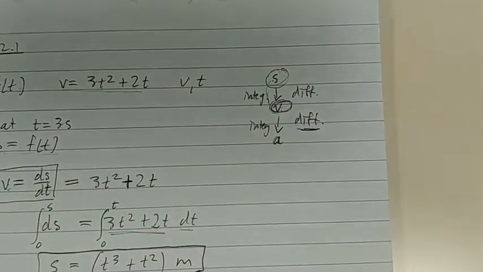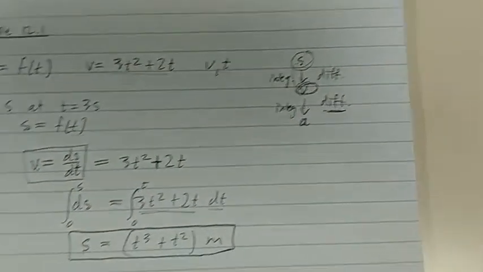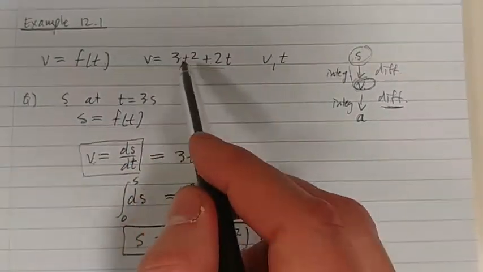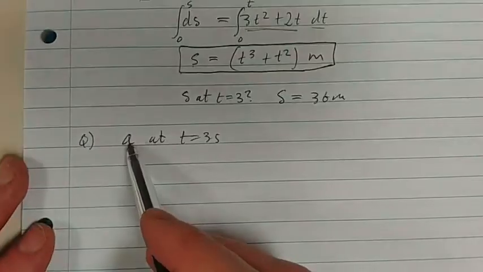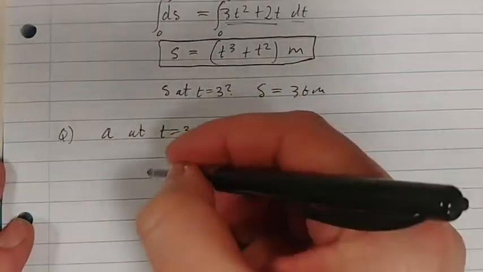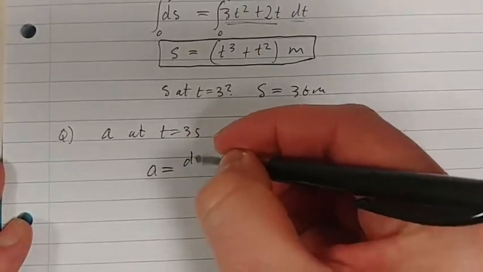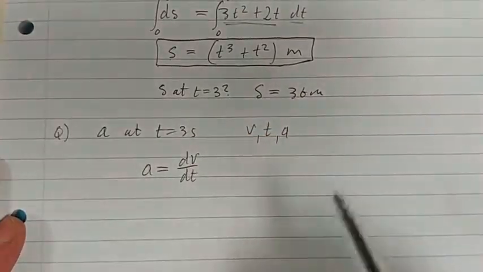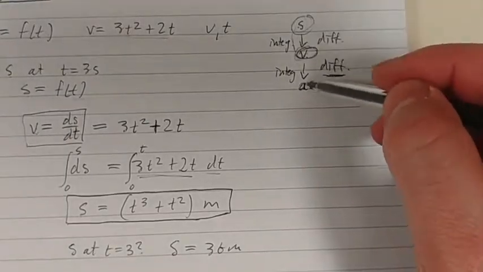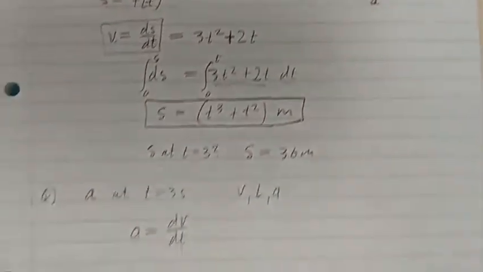But if you're not there yet, just look at the variables. I've got v and t, and a and t. So I can use the equation a = dv/dt. We want to differentiate our velocity equation to get to our acceleration function.